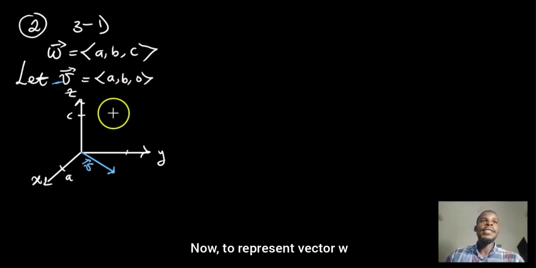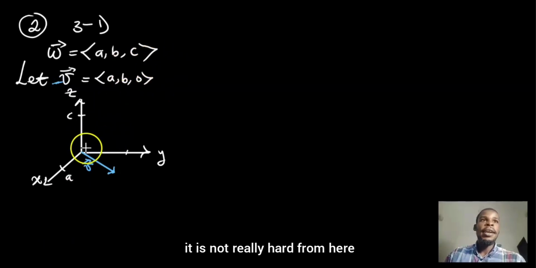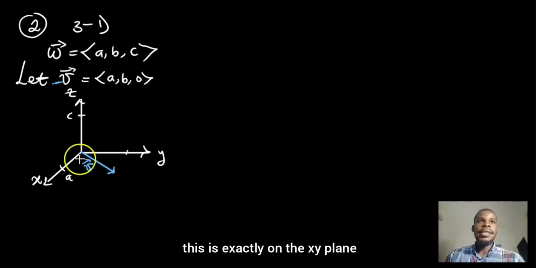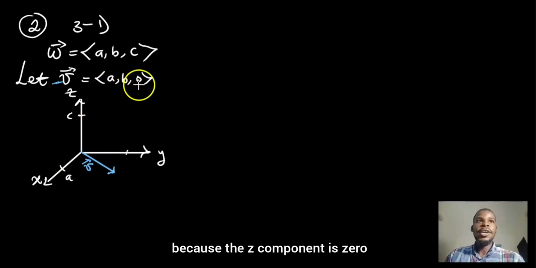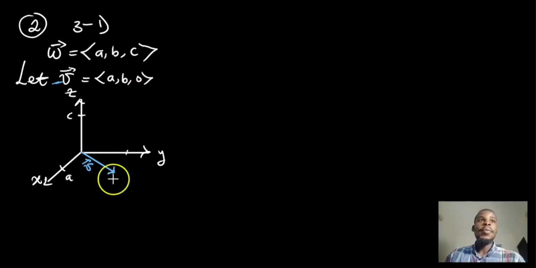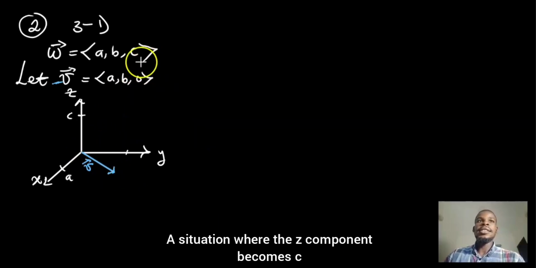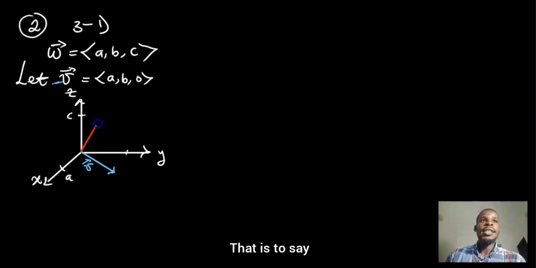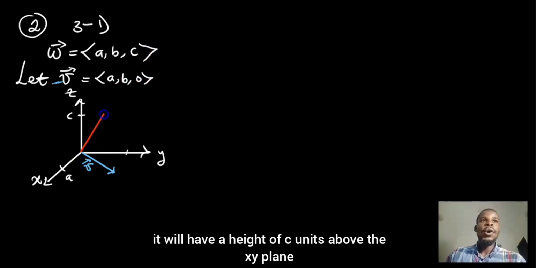Now to represent vector w, it is not really hard from here. From what I explained, this is exactly on the xy plane because the z component is 0. In other words, this thing is not shooting up by any unit. For a situation where the z component becomes c, it means it's going to shoot up by c units. That is to say, it will have a height of c units above the xy plane.